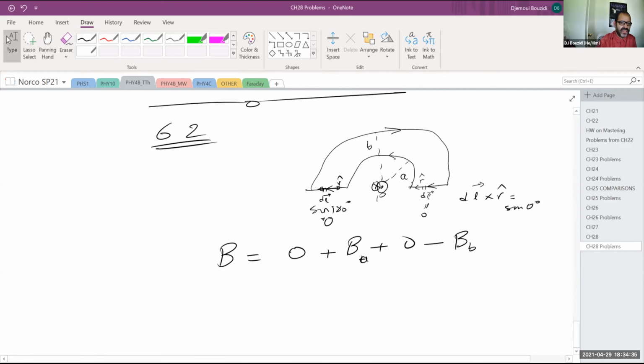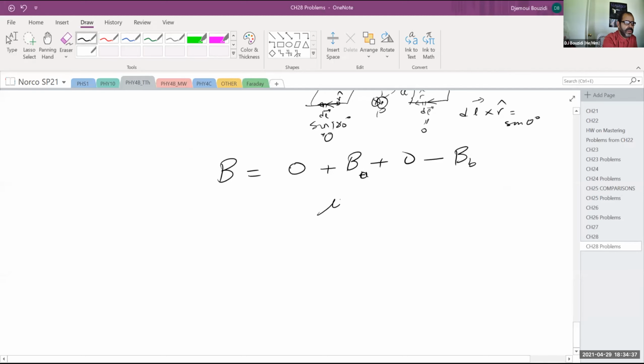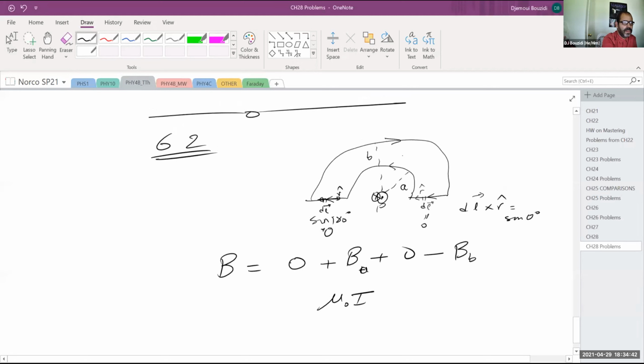In this case, this value is mu naught I, and it's the same current I flowing through all of them. So it's mu naught I divided by, there is no 2 pi, it's 2 divided by 2, half of that, so it's going to be 4 times A, plus 0, minus, again, mu naught I divided by 4 times the distance, which is B now.